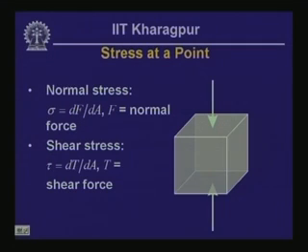So, that is the only normal stress here on this particular element. Now, we can have normal stress in other directions as well. So, here we have got one of the pairs of normal stresses acting in the horizontal direction.